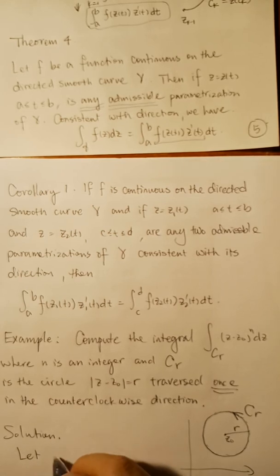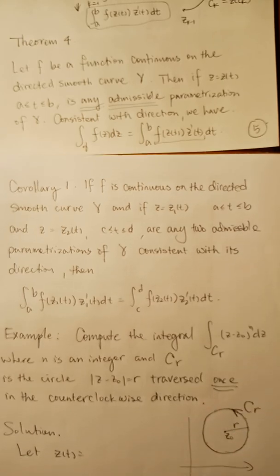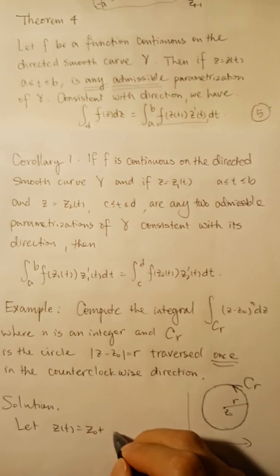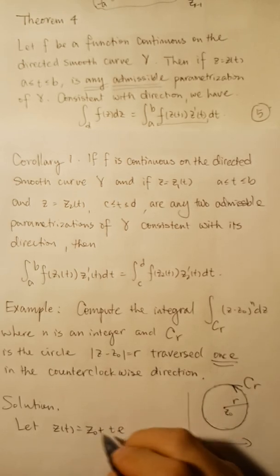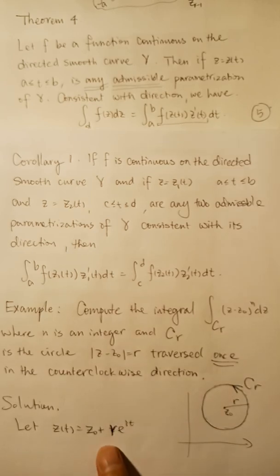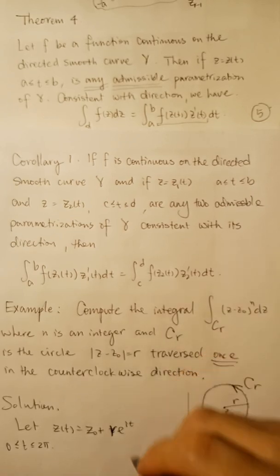Okay, so we choose to compute. Let z of t be, whenever you have a circle centered at z0 with radius R, you can always write it like this: z0 plus R e^(it). The circle is always a center plus radius times e^(it), where t is between 0 and 2 pi. This gives us counterclockwise orientation.